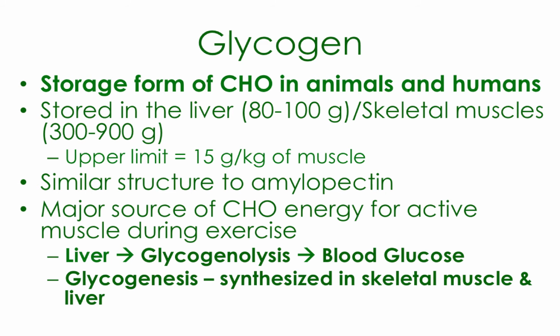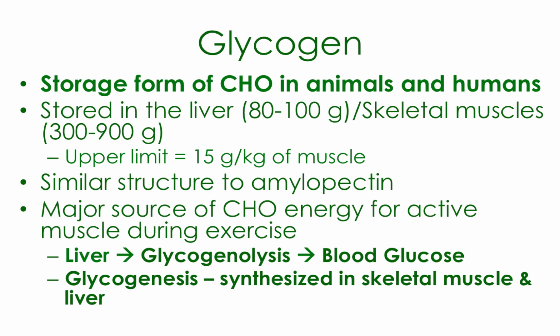This storage form is called glycogen. Glycogen is pretty important because it is our storage form of glucose in the body, and it has some very important roles. For instance, the liver stores not nearly as much as skeletal muscle does, only up to about 100 grams, whereas skeletal muscle can be up to 900 grams.